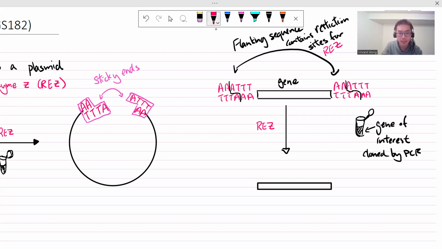So what happens is you will have the T T T A, and then AA. And on the other side, you will have the AA, and then T T T A. So I'll draw it out for you so it looks more clear.